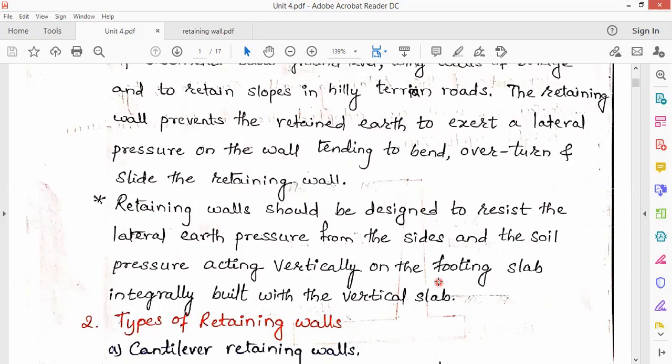What is cantilever? Cantilever means one side is a free end and the other side is fixed. So here also, it is fixed to the ground at one side, and at the top it is free.